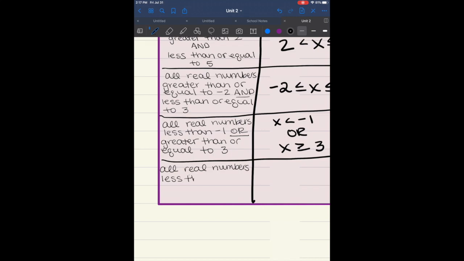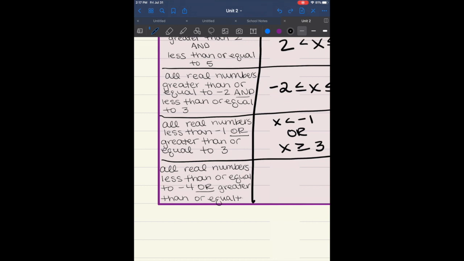So again, we're writing two inequalities with the word or in between them. And we have x is less than or equal to -4. So Pac-Man's going to be eating -4. And then the next one is x is greater than or equal to 0. So both of them are going to have the little line underneath the inequality sign.